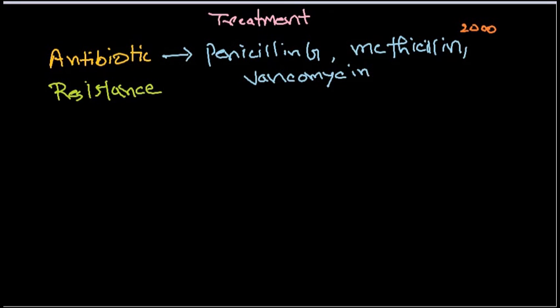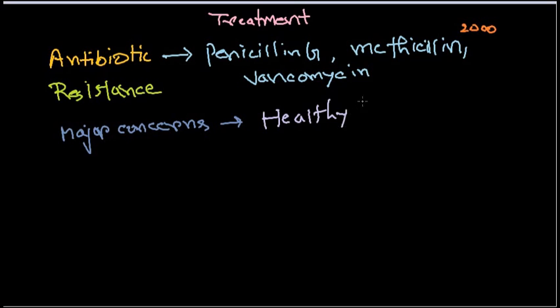So in those cases, when you are encountered with this staphylococcus bacteria, what are the major concerns? You need to take care of yourselves, and those concerns are, first, healthy habits.